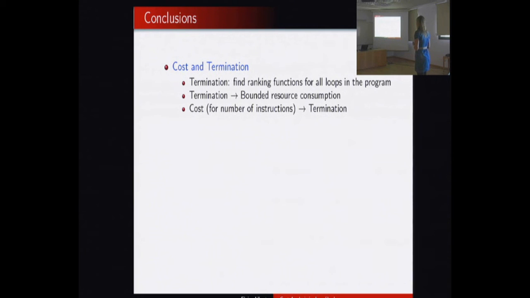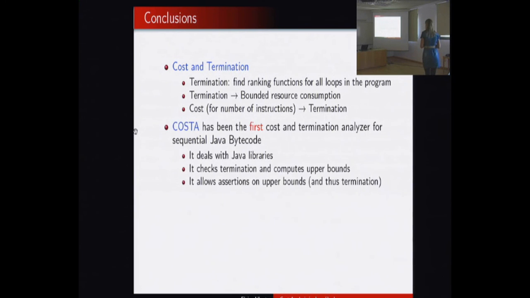Also, if I prove that the program terminates, then the resource consumption must be bounded, but it doesn't give you what this bound is. So the problem of cost is extremely more difficult. And once we prove that the cost is bounded, for a cost model that takes into account all the instructions in the program, then we have proven termination as a side effect of the analysis.